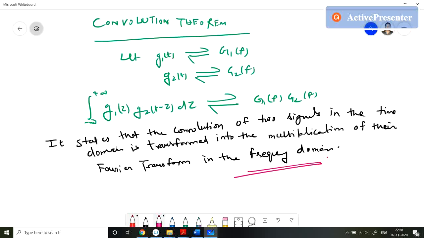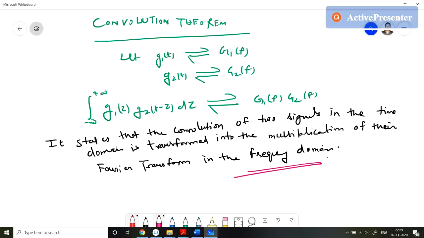So we can observe that multiplication in the time domain is equal to convolution in the frequency domain, as we saw in the modulation theorem. There we had two signals, and the Fourier transform of their product is the convolution in the frequency domain.